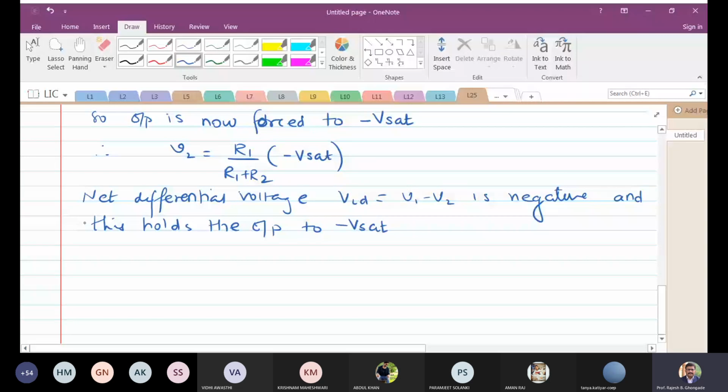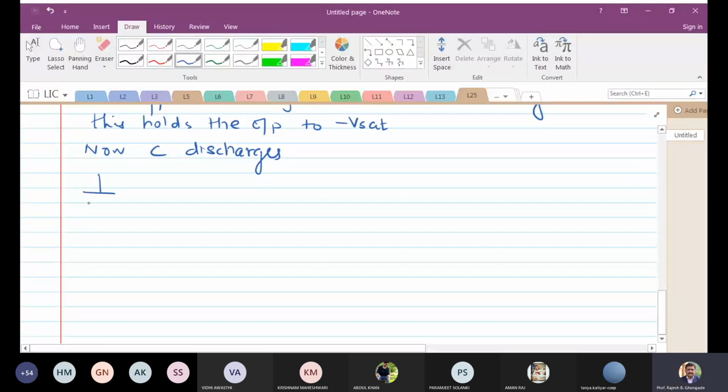So now C discharges. Why? Because the C has got a discharge path. Let me draw it this way. So here you are having minus Vsat. Earlier the capacitor was charged. Now remember that this is more positive with respect to minus Vsat. Ground is more positive, no?